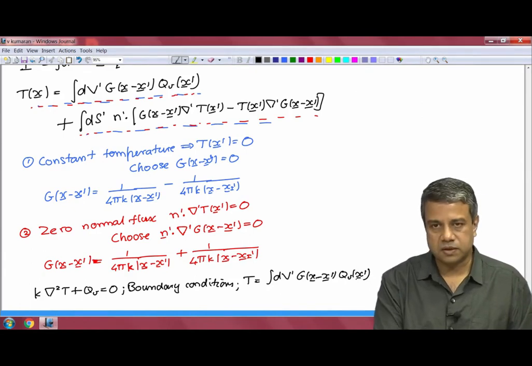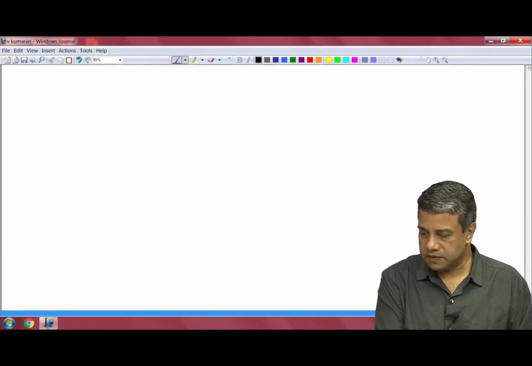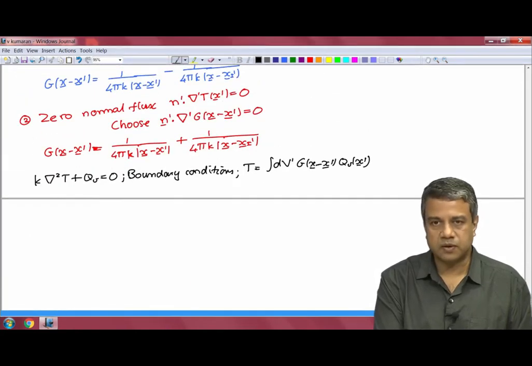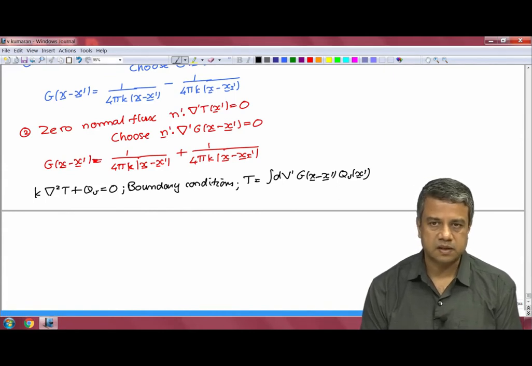So, that is the solution in a finite domain where the Green's function satisfies the appropriate boundary condition on the surfaces.